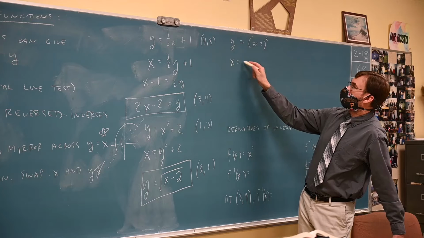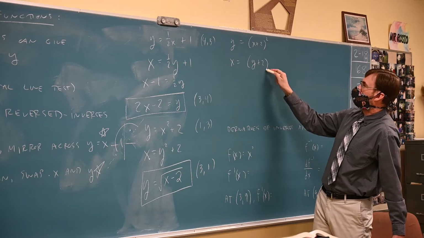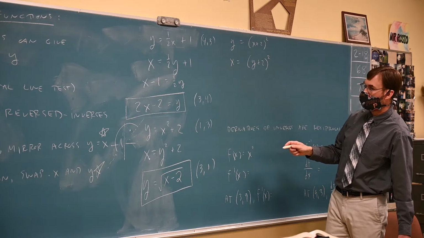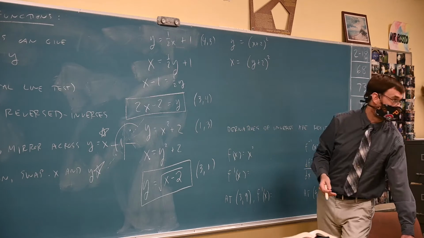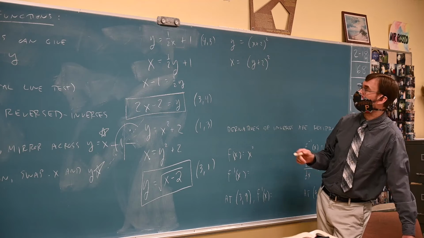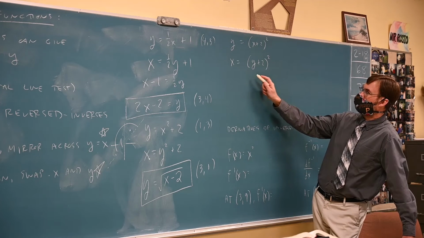So this, I'd go x equals y plus 2 squared. It's similar to this, but we'd solve in a different order because of the existence of the parentheses. How would we solve this first for the y?